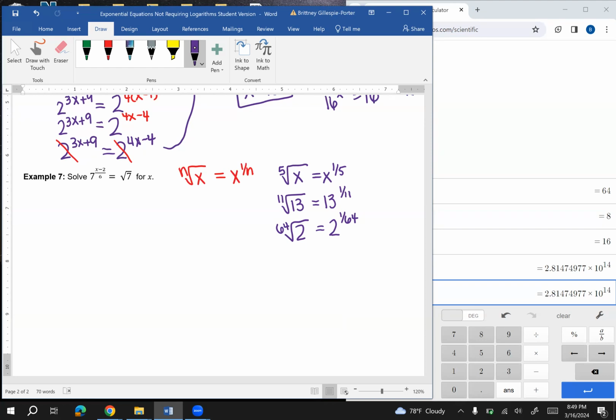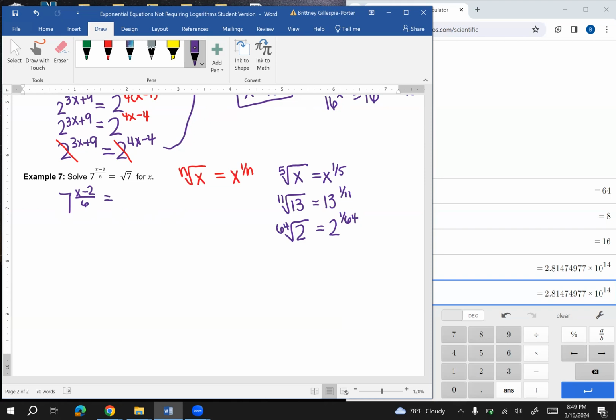We would love our bases to be the same because they both have big 7s, but there's that radical in the way, which is why we're going to use this radical notation rule to rewrite a radical as an exponent. Left-hand side stays the same.